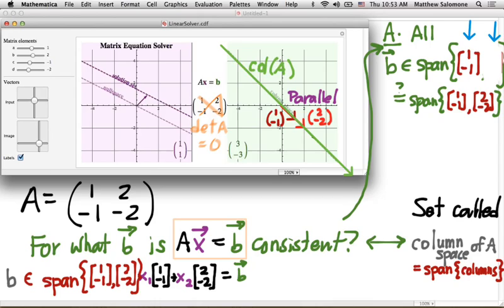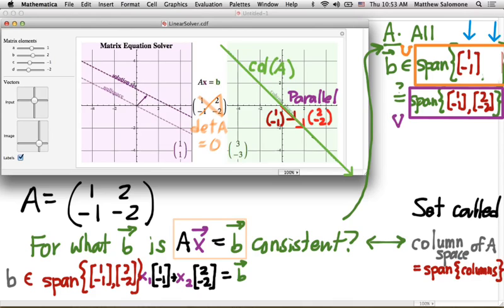So if I'm trying to show that two sets are equal to one another, my first set being the span of (1, -1), let's call that set U. And my second set is the span of both of those vectors, so let's call that set V. And I want to know whether these two sets are equal to one another.